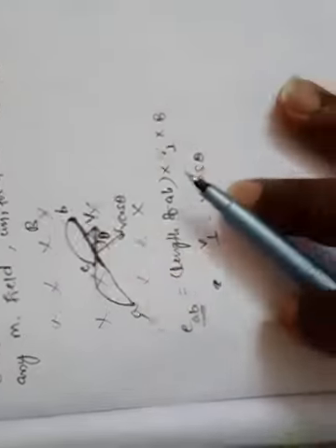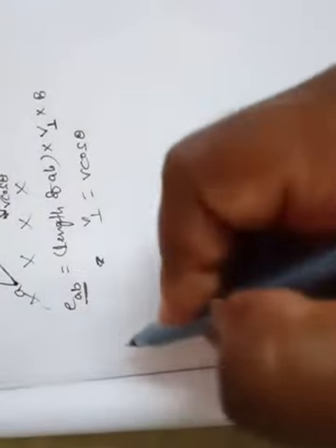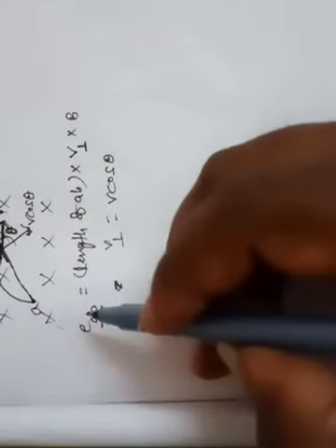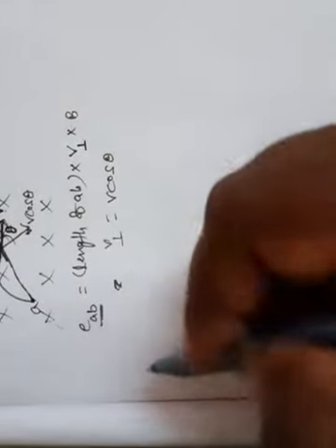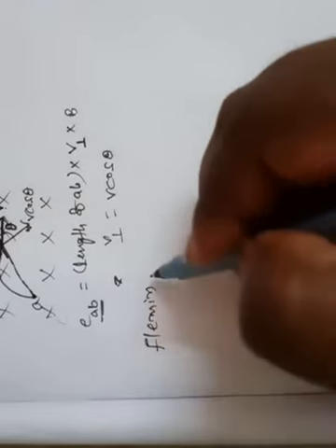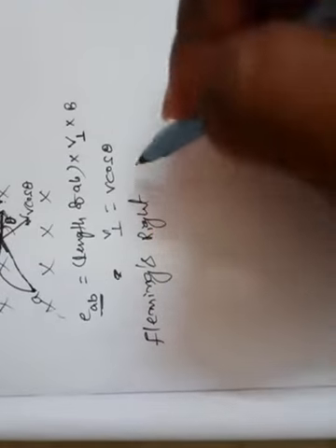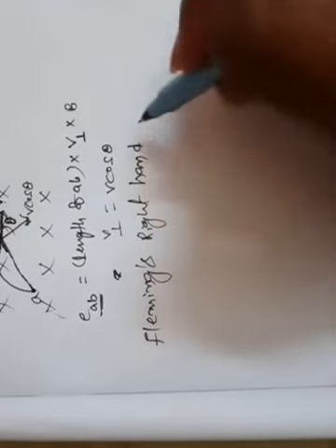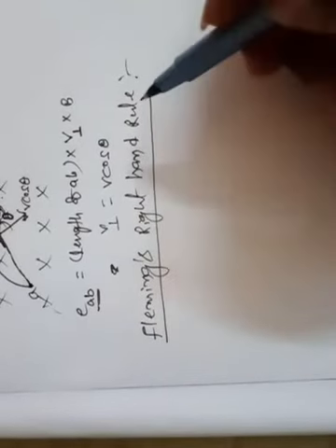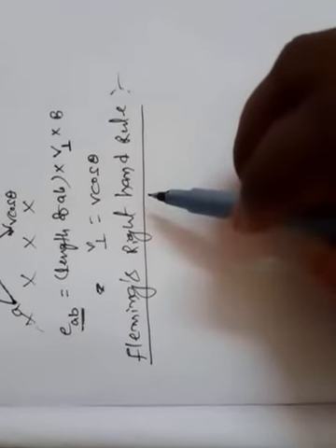So now we will see how to find the direction of induced current. Already we have seen one law, that is Lenz's law. Here one more rule is there, that is Fleming's right hand rule. What is the significance of Fleming's right hand rule? It is used to find the direction of induced current.